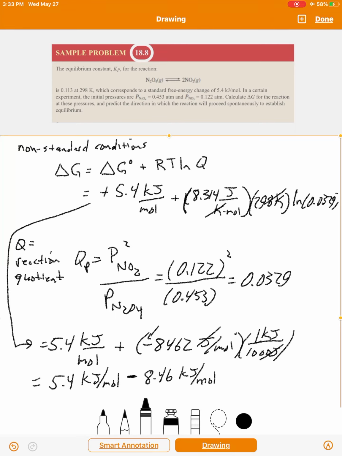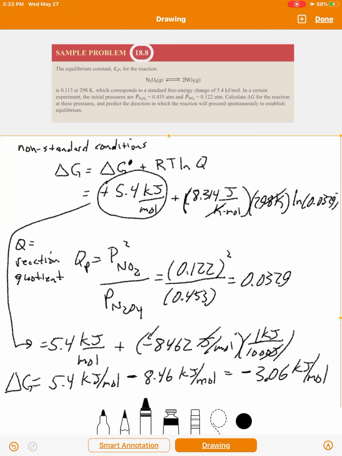So what you get is minus 3.06 kilojoules per mole. Now here's the significance of this calculation, which is very powerful. What it says is that for this reaction under standard conditions, delta G naught is positive.